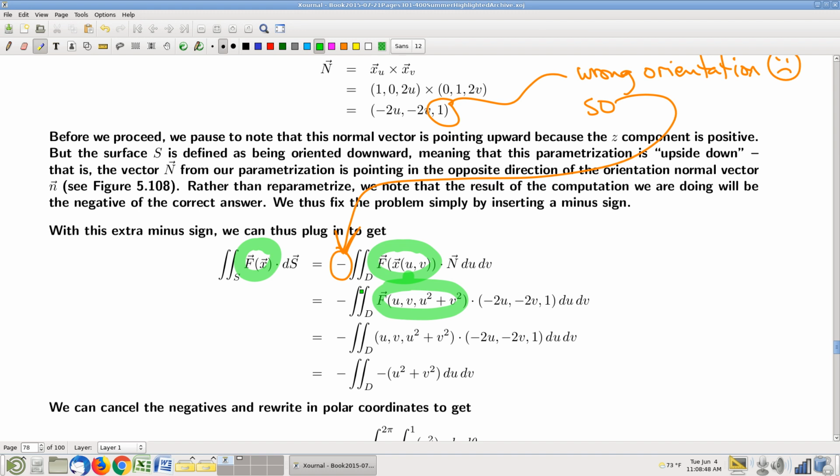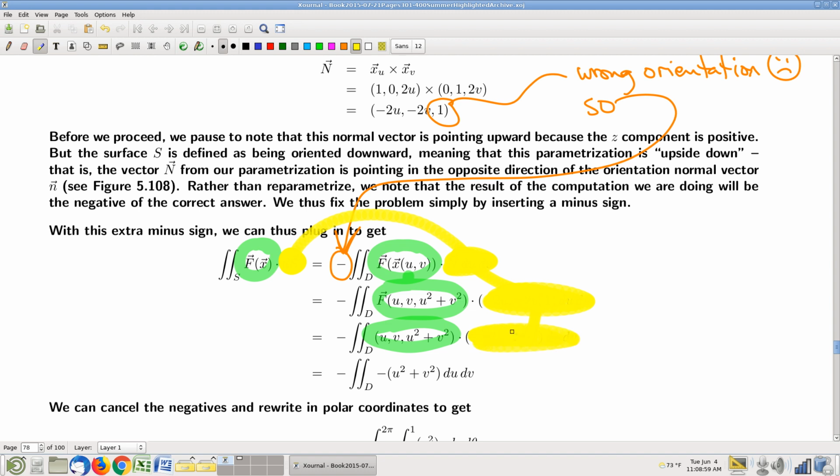Plugging into the formula for f that's on the previous page, that's what f of the parameterization is. dS is n du dv, and we just computed n up there. So note, all I'm doing is just plain old plug and chug.